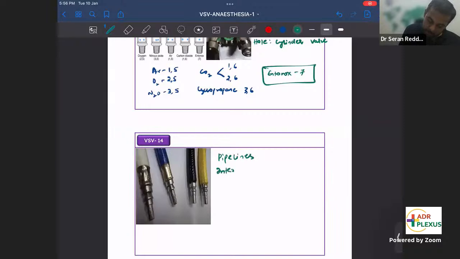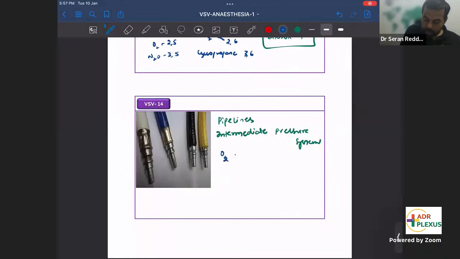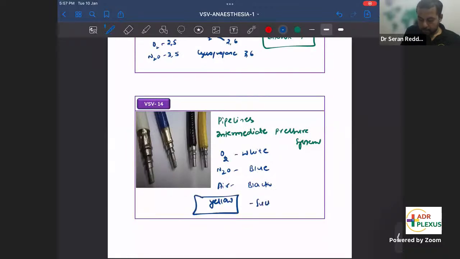Oxygen white, nitrous oxide blue, air black, yellow for suction or vacuum.